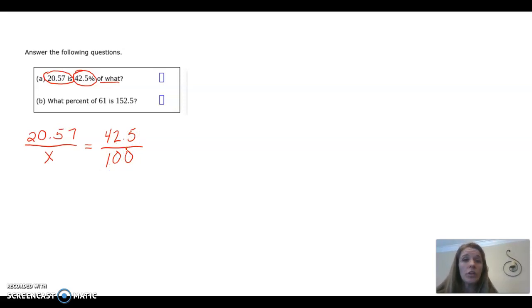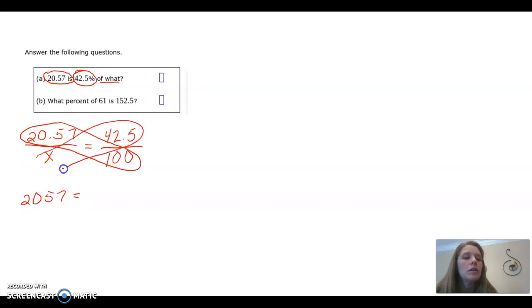And we know with ratios that cross products need to be equal. So let's cross multiply. If I do that, I get 2,057 equals 42.5 times x.